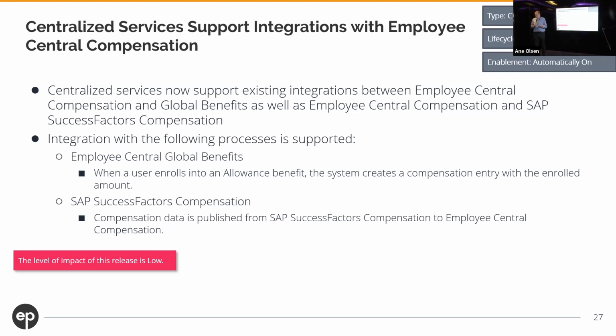That means the blank one first, before you put in the pay components. That was how it worked until this release. Now you can actually create it without having to create the compensation information record first. And there might be something in that perspective. So if you're importing directly into your compensation in EC, be aware of that as well.